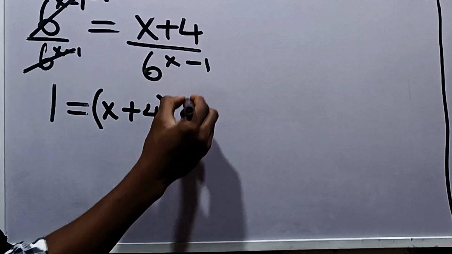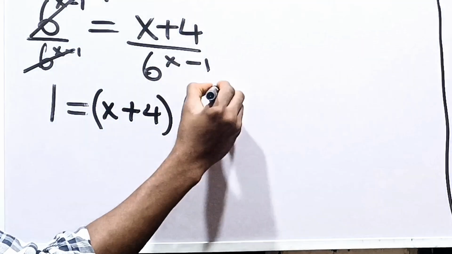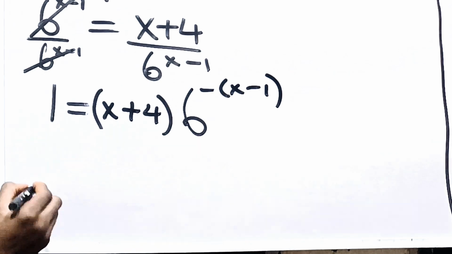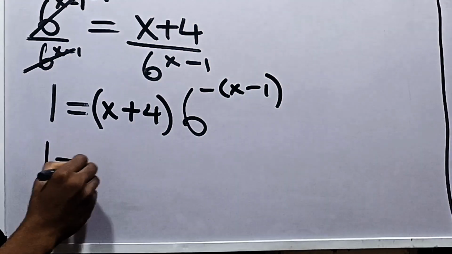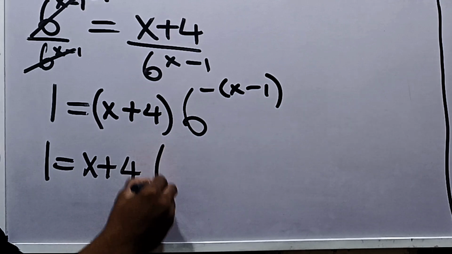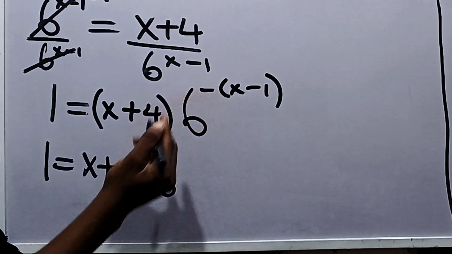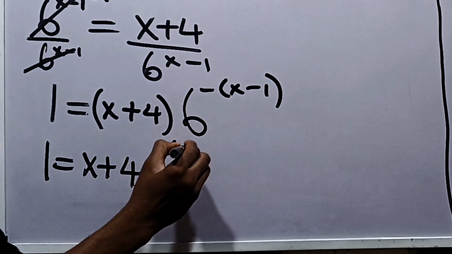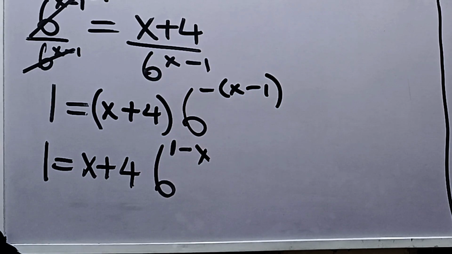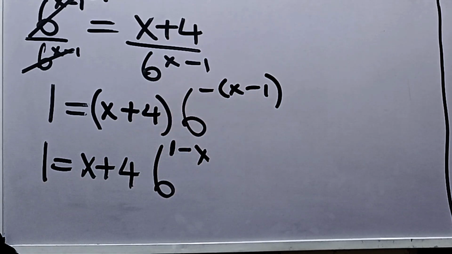When inverted, you have 6 raised to the power minus x minus 1. Now this is 1 equal to x plus 4 multiplied by 6 raised to the power what? 1 minus x, because minus times minus is plus.